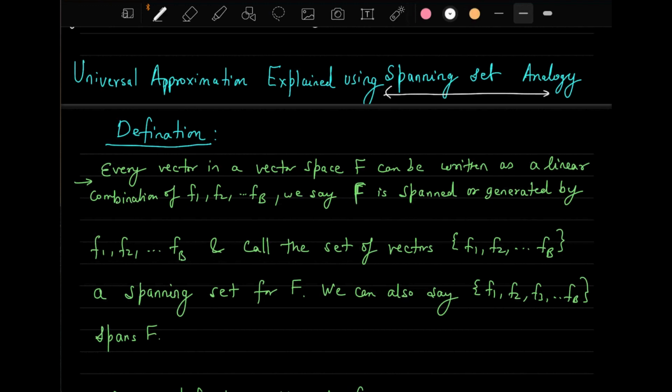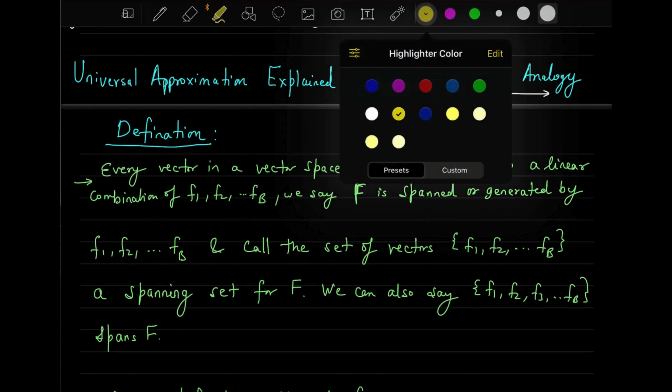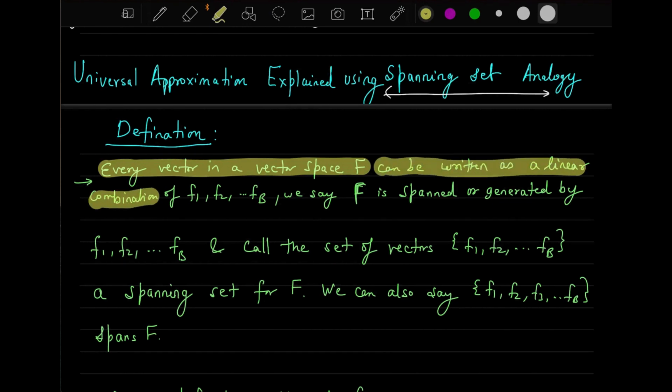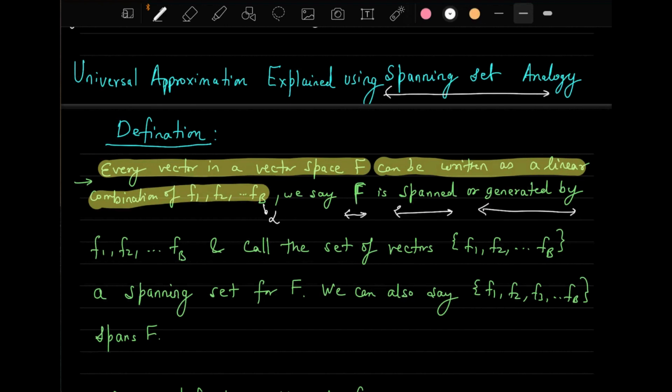What it says is that if every vector in a vector space F can be written as a linear combination of F1, F2 till F alpha, then we say that this vector space F is spanned or generated by F1, F2 till F alpha.